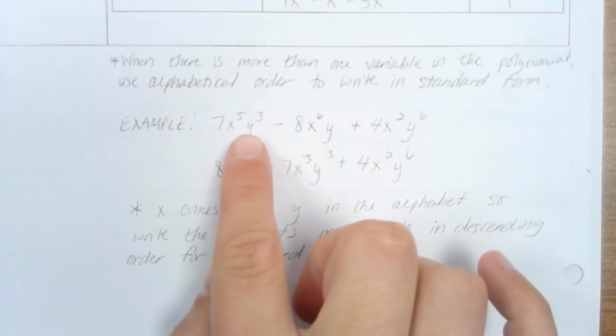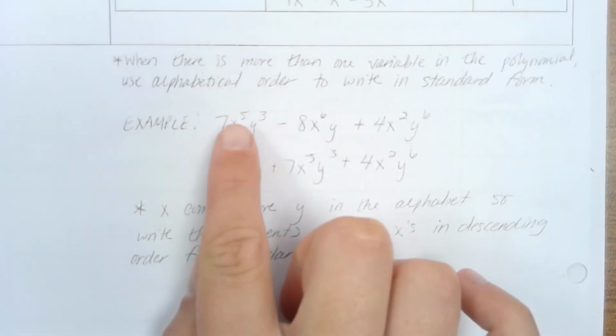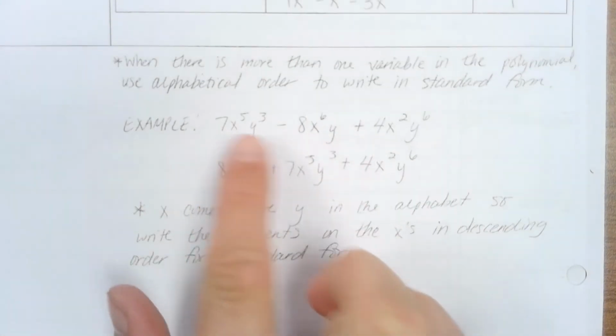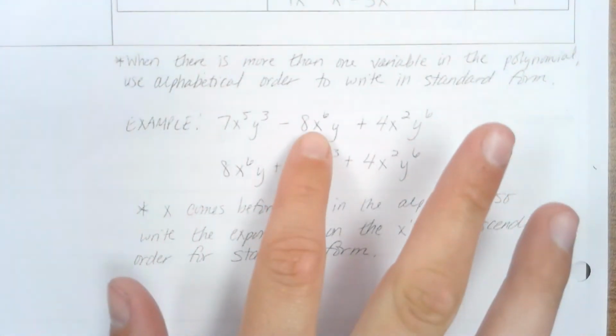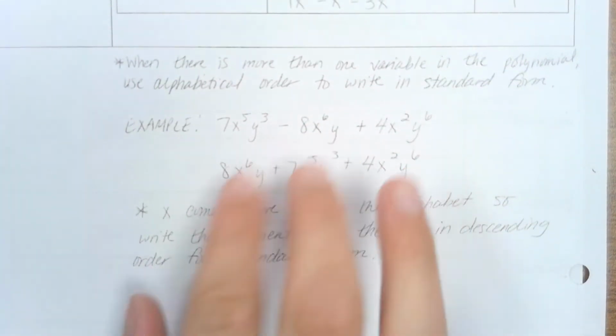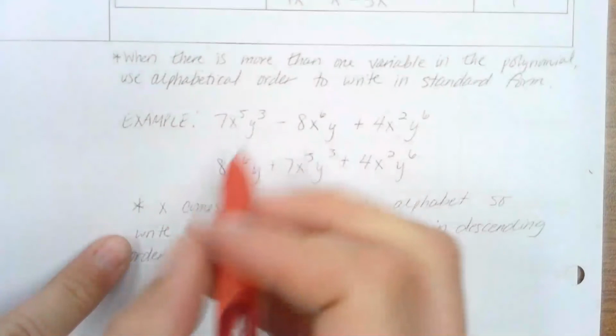So for example, if I gave you 7x to the 5th y third minus 8x to the 6th y plus a 4x squared y to the 6th, since x comes before y in the alphabet, you are still writing your polynomial in standard form based off of the x. So for example, the x with the highest power was this x to the 6. So that means that this term would have to go first, and since there's a minus sign, that should be a negative.